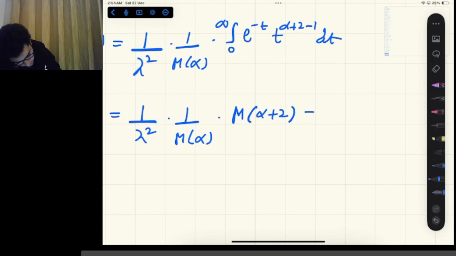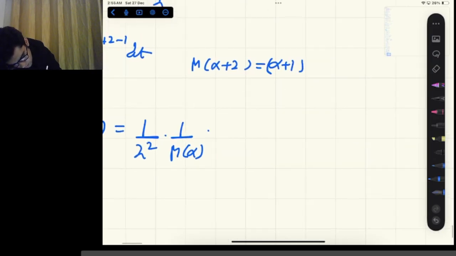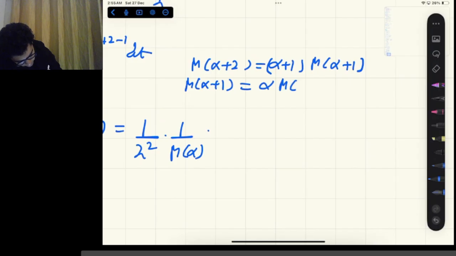Now this finally becomes 1 upon lambda square into 1 upon gamma alpha, and gamma alpha plus 2 is alpha plus 1 gamma alpha plus 1, and gamma alpha plus 1 is equal to alpha gamma alpha.